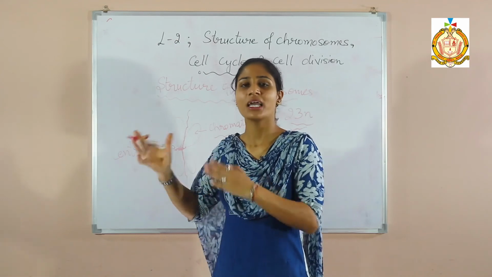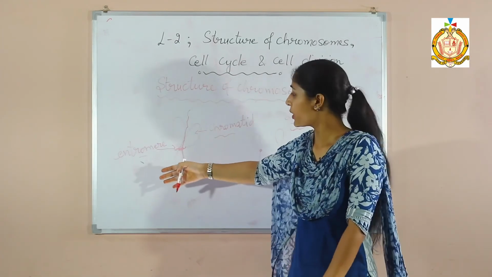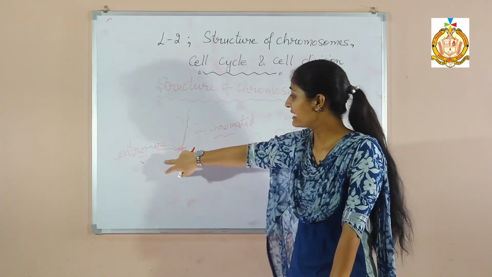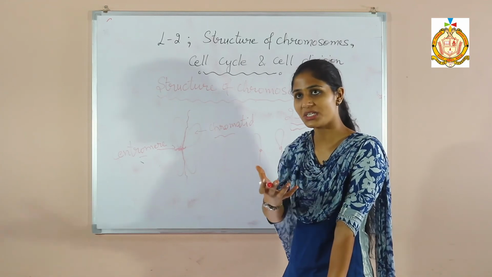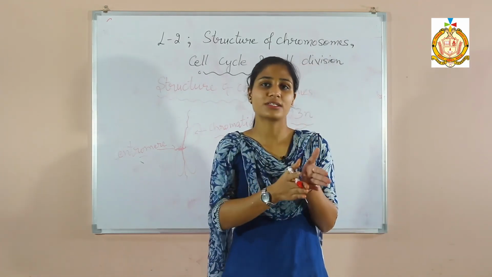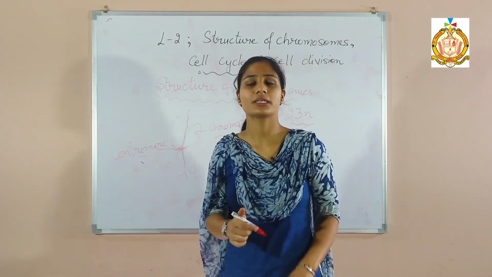So that way the combination takes place and the birth of a baby takes place. So this was about the chromosomes, and in the chromosomes the genes are present, and genes are known as the hereditary materials as well as the carriers of heredity. So this was our topic. Hope you understood. Thank you very much.